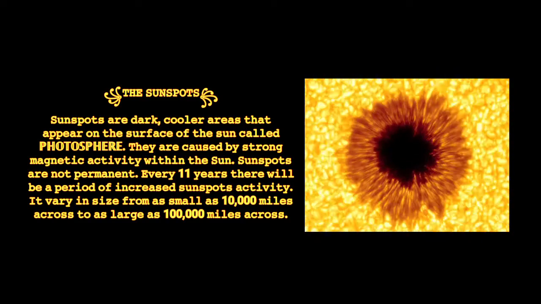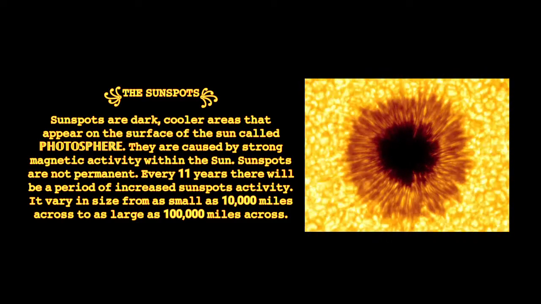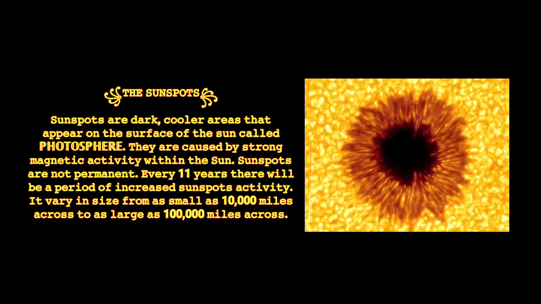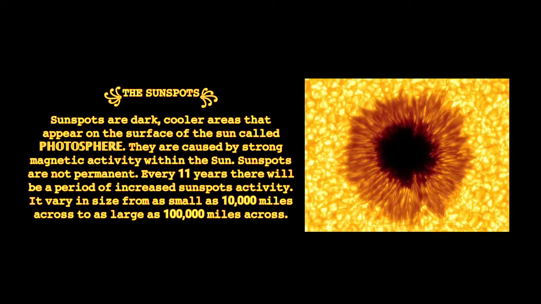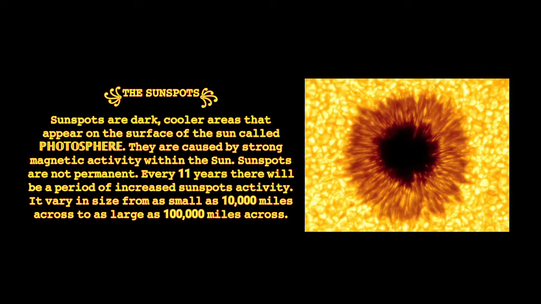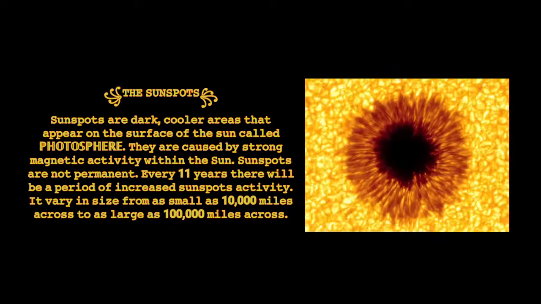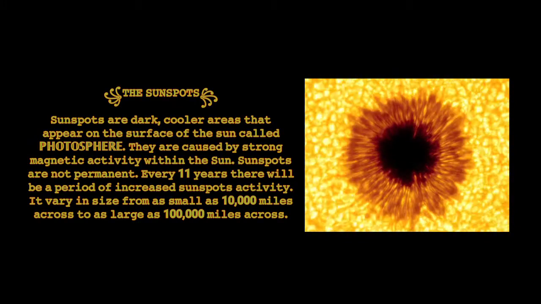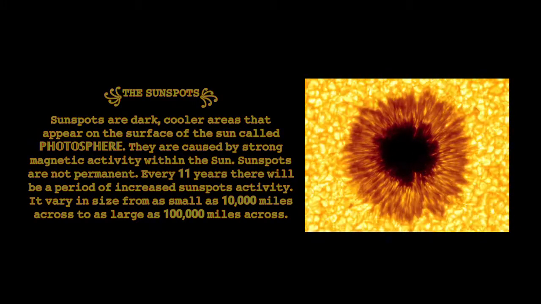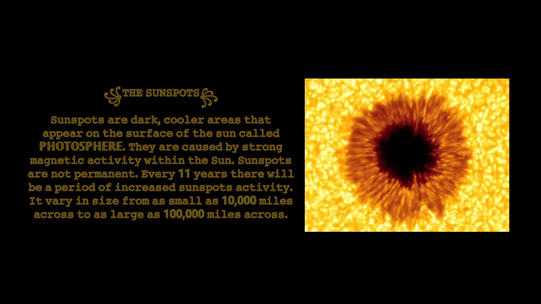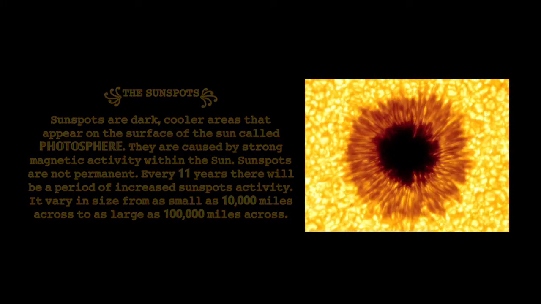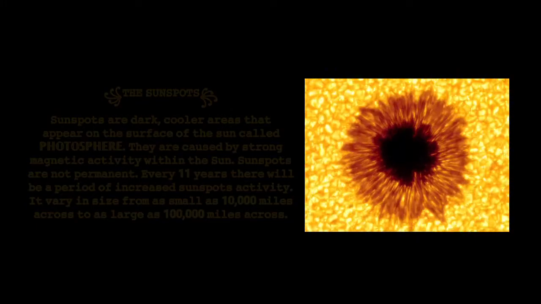The appearance of sunspots follows the solar cycle of 11 years. Every 11 years, there will be a period of increased sunspot activity. Sunspots vary in size from as small as 10,000 miles across to as large as 100,000 miles across.